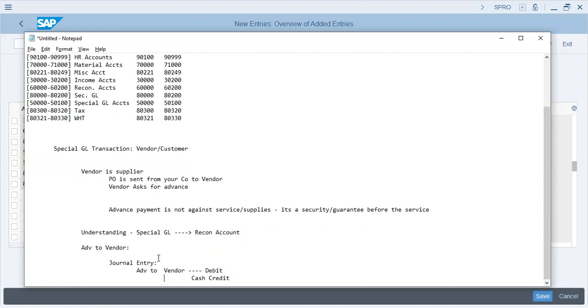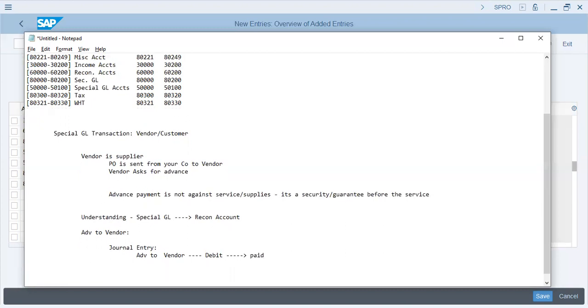Advance to vendor, debit, and it has been paid. Okay, only one entry. This is SAP behavior.